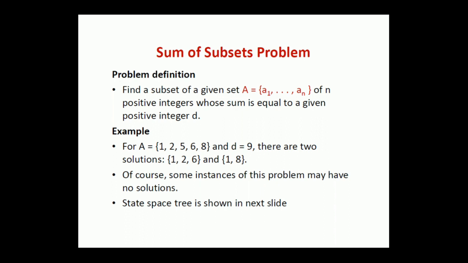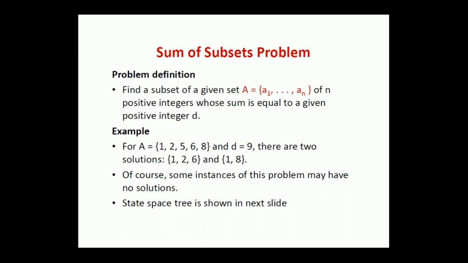The state space tree can be constructed just as a binary tree for any given problem. The root of this tree represents the starting point with no decision about the given elements made as yet. Its left and right children represent respectively the inclusion and exclusion of element A1 in the set being sought.